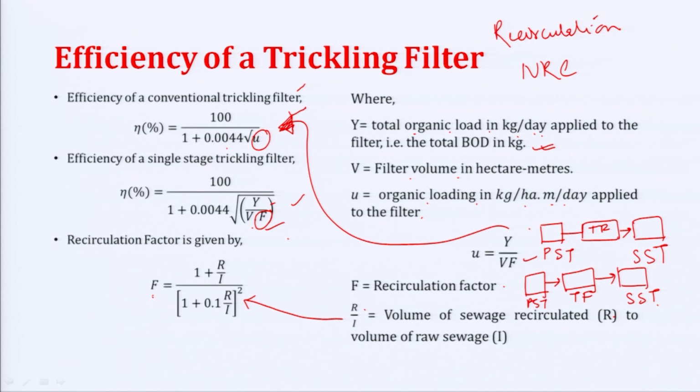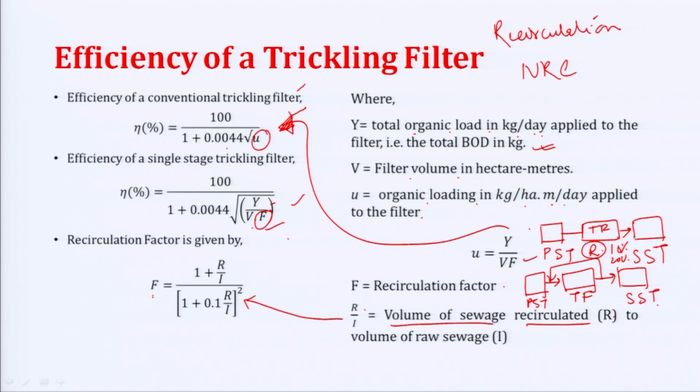The difference between low rate and high rate is that we have a recirculation factor, R. R is the volume of sewage recirculated. R may be 10%, 20%, whatever you want.